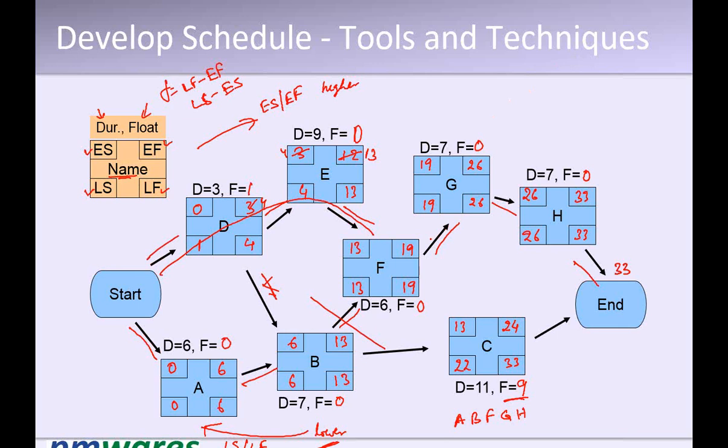Right? But you also need to watch the near critical path, because it is also dangerous. As soon as any activity gets delayed on the near critical path, that can also create a problem. Either the critical path may change or that activity can also become critical. So both the critical path and the near critical path are to be watched and controlled carefully, so that you complete the project on time.